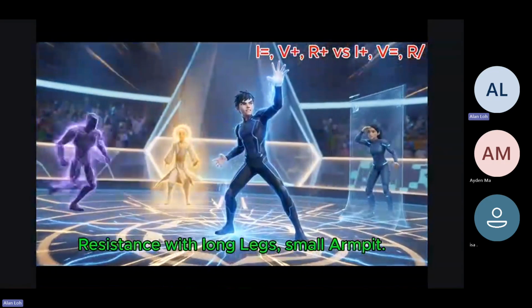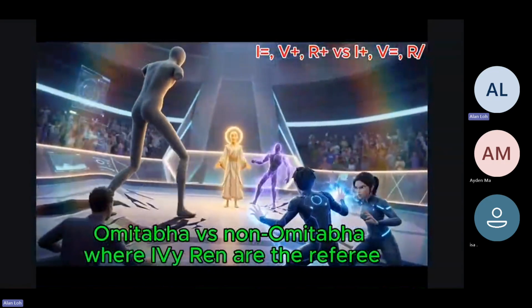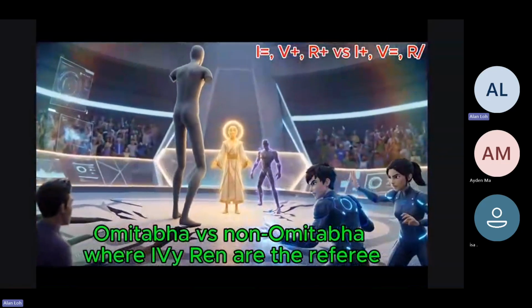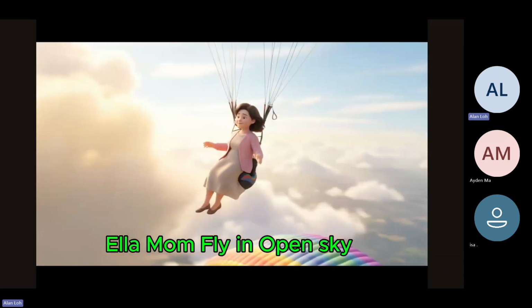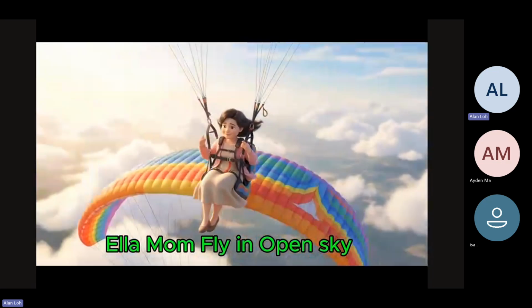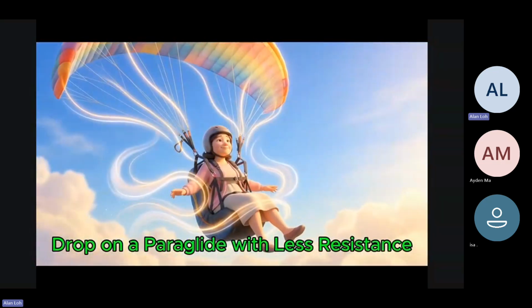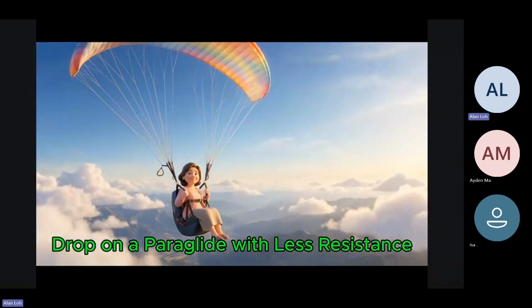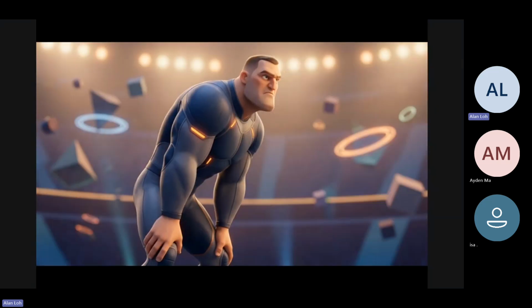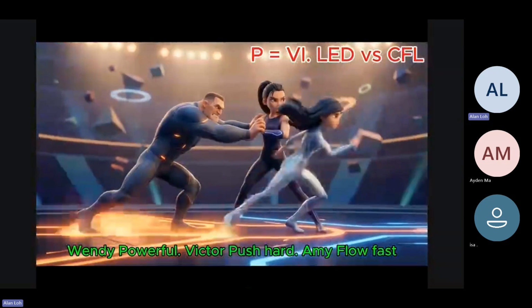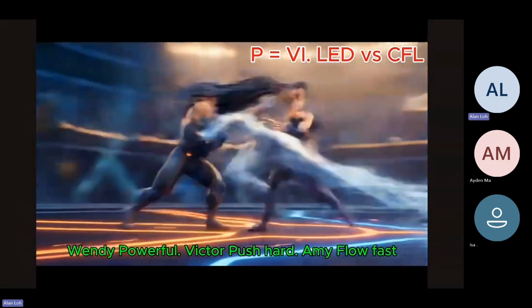Resistance with long legs, small armpit. Ohmic versus non-ohmic. Drawer 3. Electromotive force and internal resistance. Drop on a paraglide with less resistance. Drawer 4. Energy and power. Wendy powerful, Victor push hard, Amy flow fast.